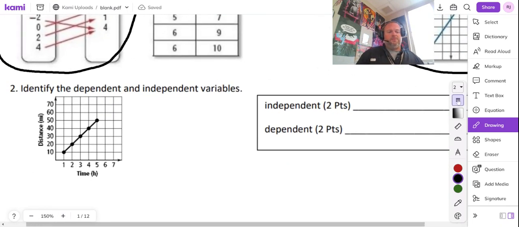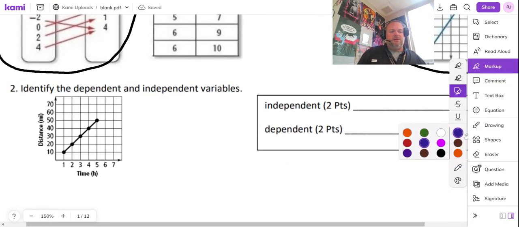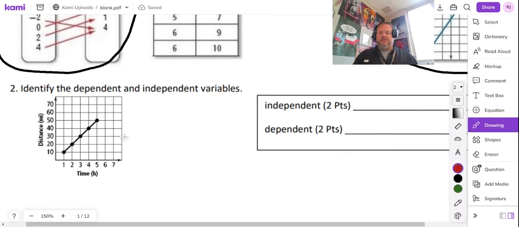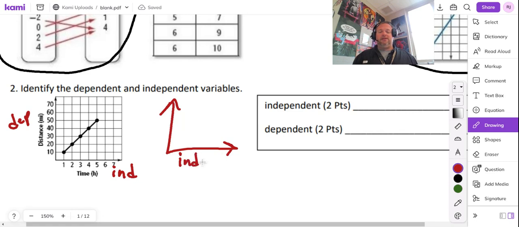This is going to be my independent, and this is going to be my dependent every time. If I were you, I would draw a little XY. I would put independent and I would put dependent. But that's just me because that makes the most sense.